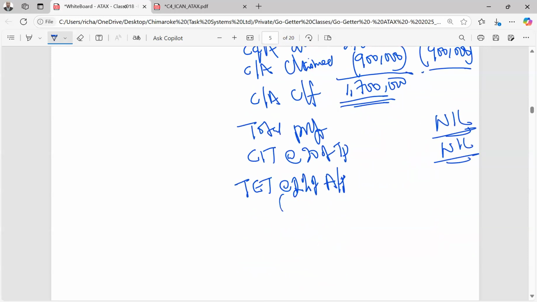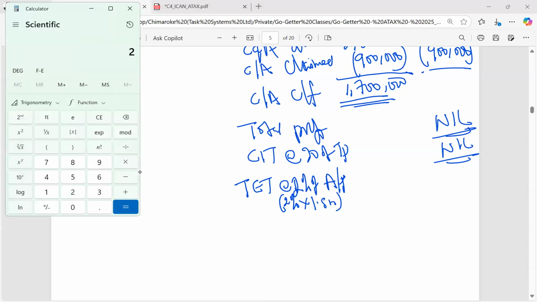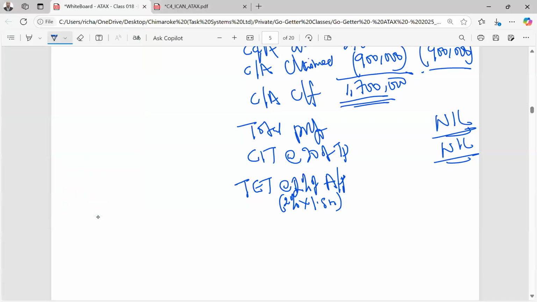So we'll come here, 2% of 1.5 M. What would that give us? 2 divided by 100 times 1,500,000. That'll give us 30,000. So our tertiary education tax here is going to give us 30,000. And so that ends for this year.